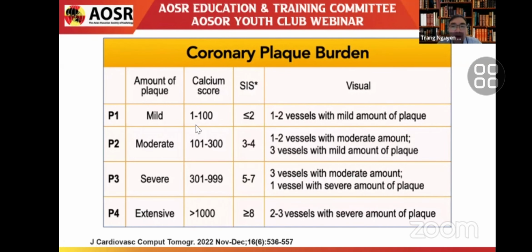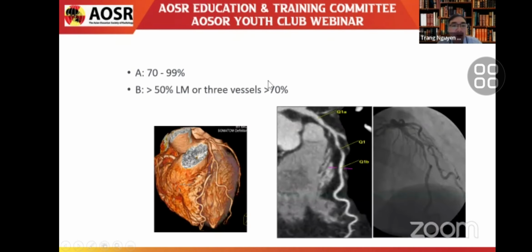And we check the coronary plaque burden in CAD-RADS 2.0 here from P1 to P4. With the calcium score here, we can check mild, moderate, and severe. Extensive is more than 1,000. And especially right now, we have more elderly patients with severe calcification scores from 300 to more than 1,000.